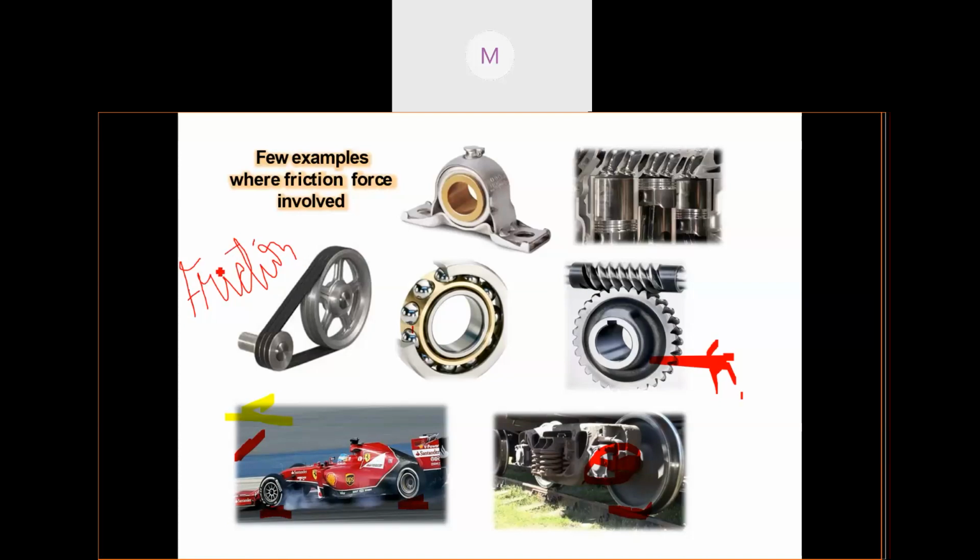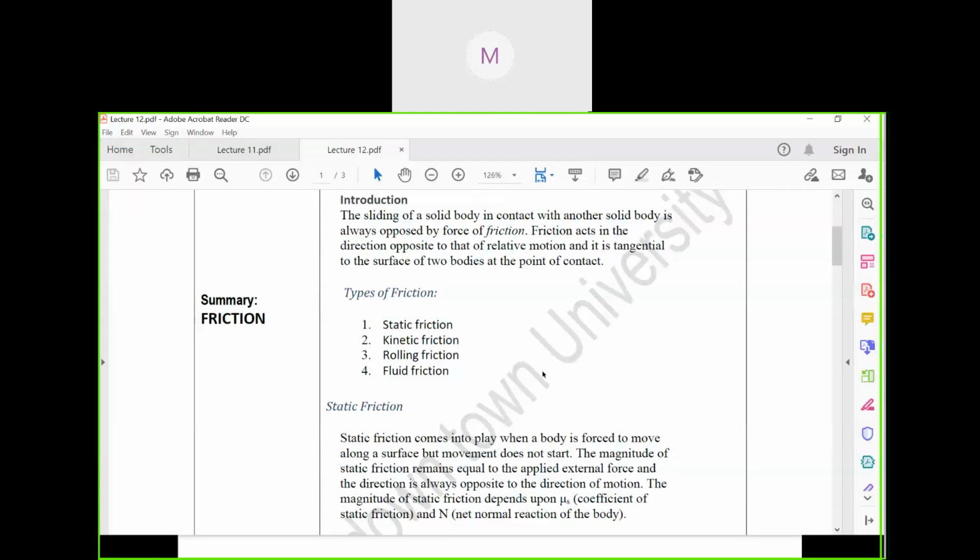So now let us discuss the types of friction. Are you clear with what friction is now? Yes, sir. Clear. Good, good. So now let us discuss what the different types of friction are.